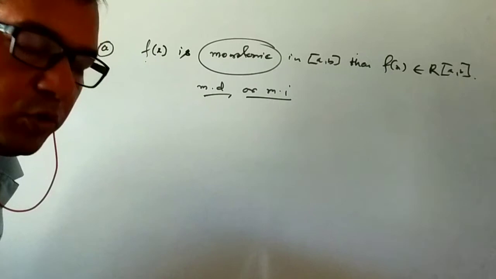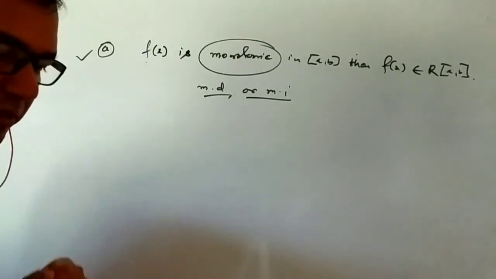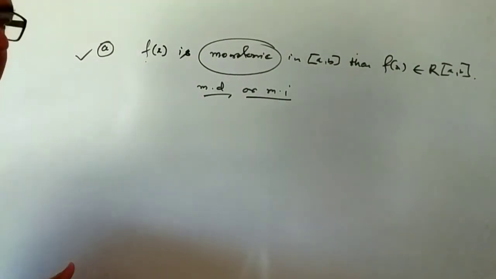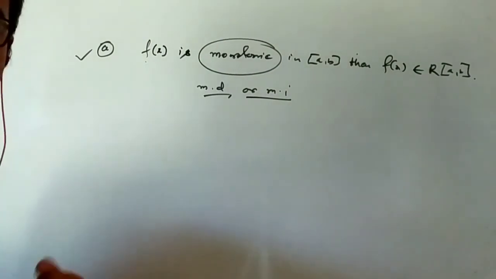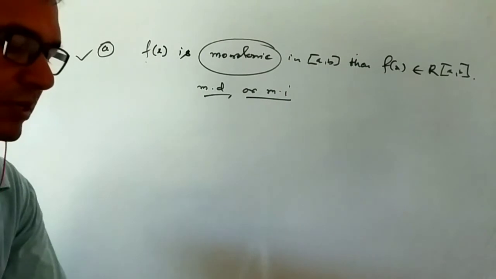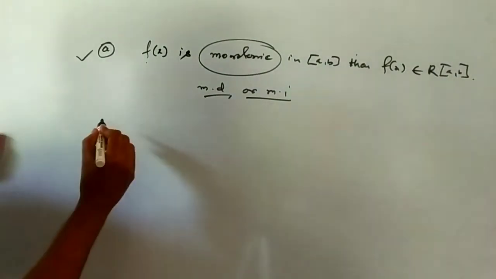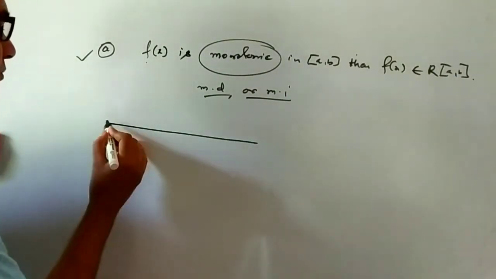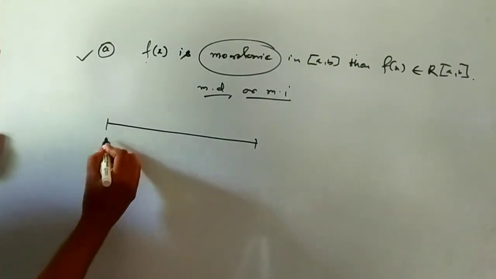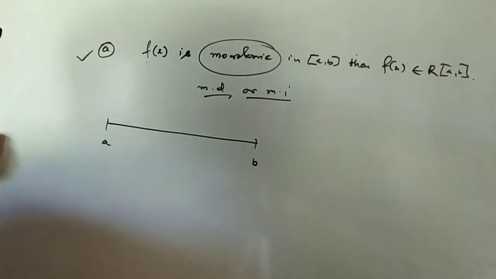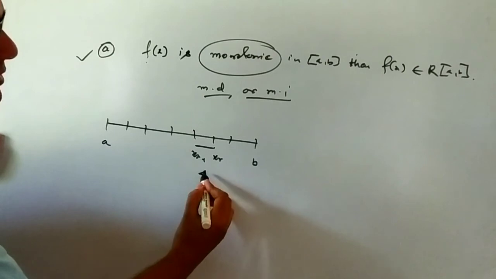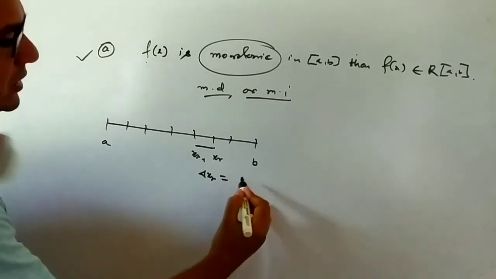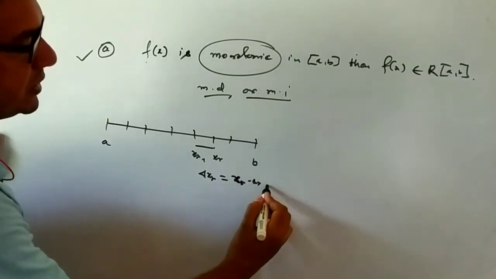And before we go to option B, we define another definition of R integrable. If we make a partition of [a,b], and let this be [xr-1, xr], and delta xr equal to xr minus xr-1.